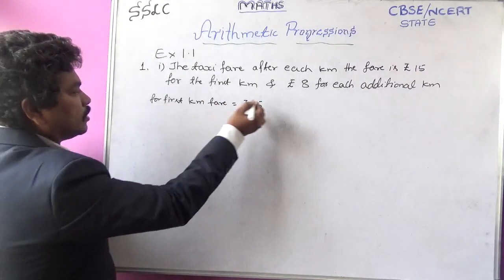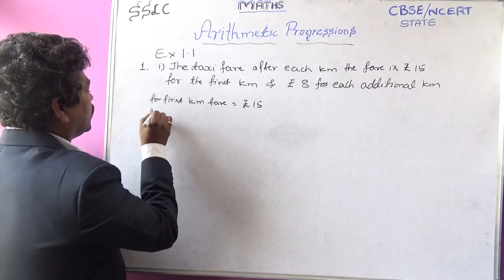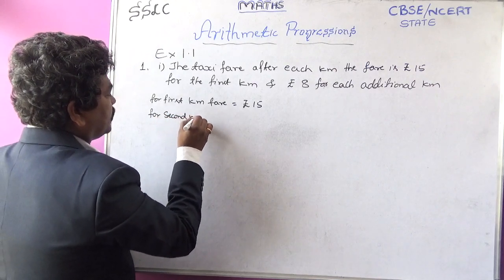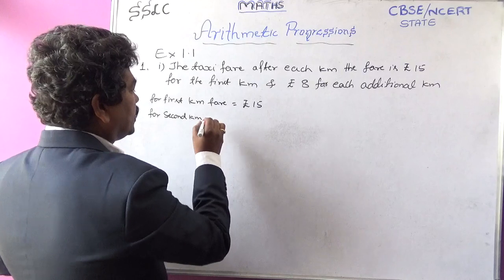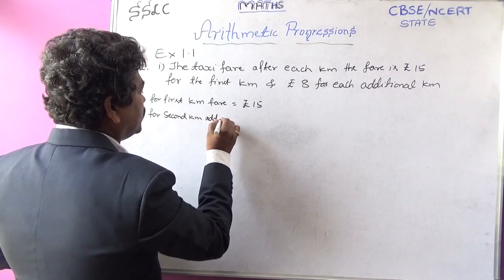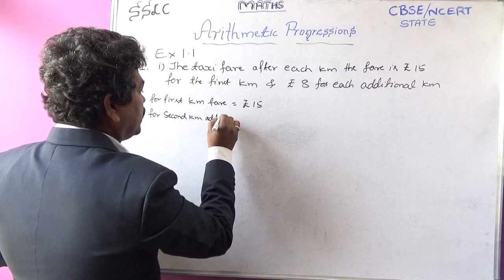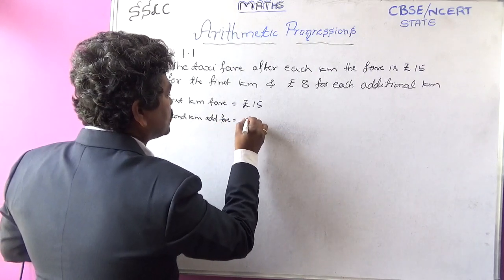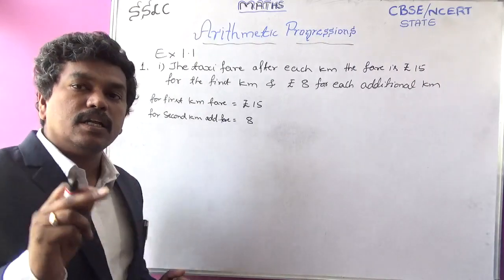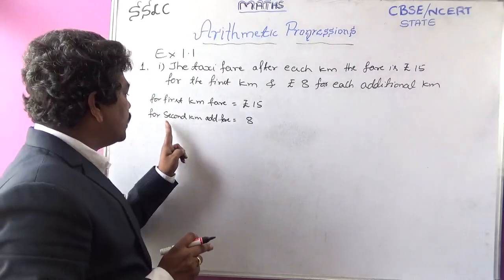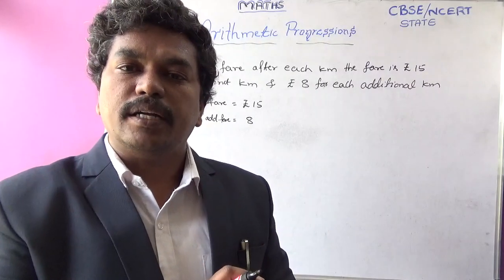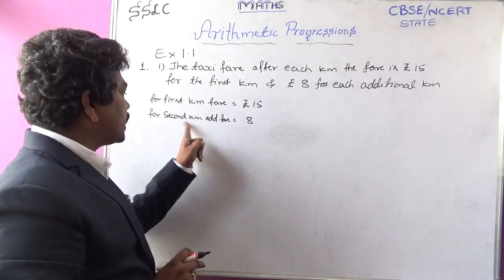That is, for the first kilometer it is rupees 15, and for the second kilometer, you observe here, the additional fare is rupees 8. You have to find out how much you pay at the end of the second kilometer.